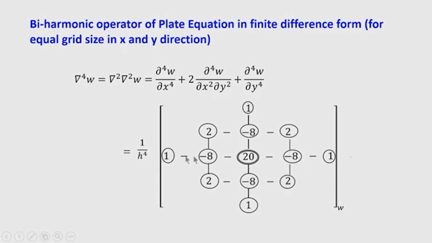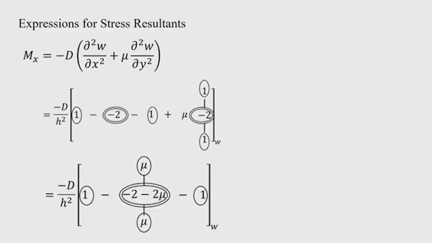So 5 points need to be covered by this stencil in the central horizontal and central vertical positions. Central position means where you center the stencil. Centering may be done at the center node or at any other node, it does not matter.